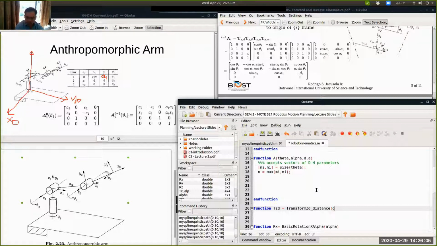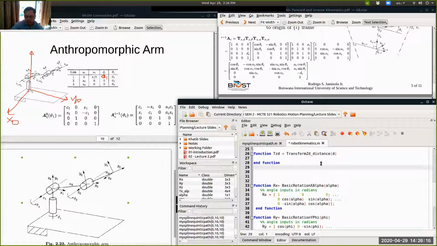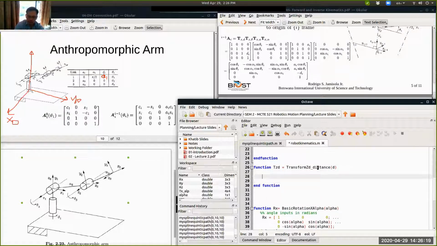Then you have a D, and function, and end function. Now if you input the distance, you have TZD equal to the distance. So what is this now?